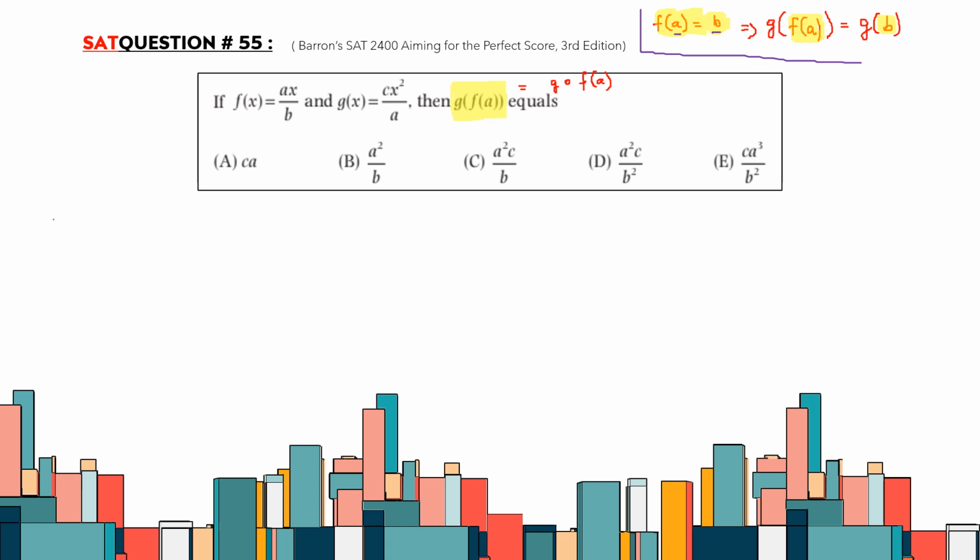We have f of a first. To find f of a, we use f of x when x equals a. So, every time we see x, we open a parenthesis, a over b, and x in this case is a.